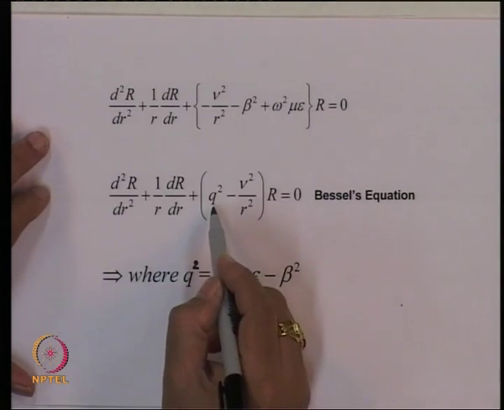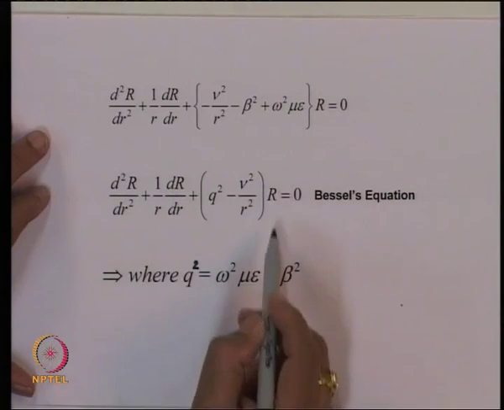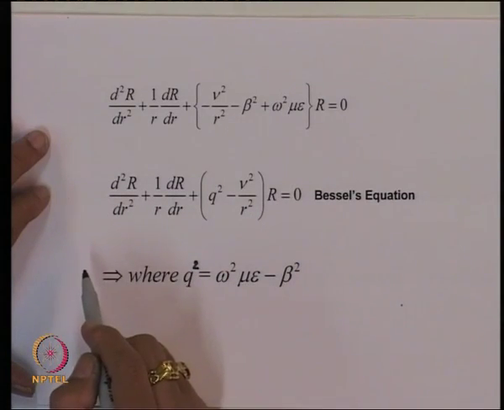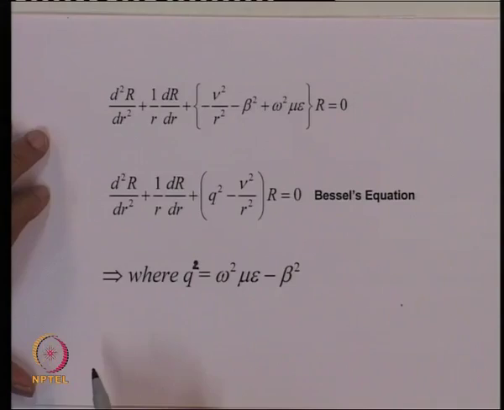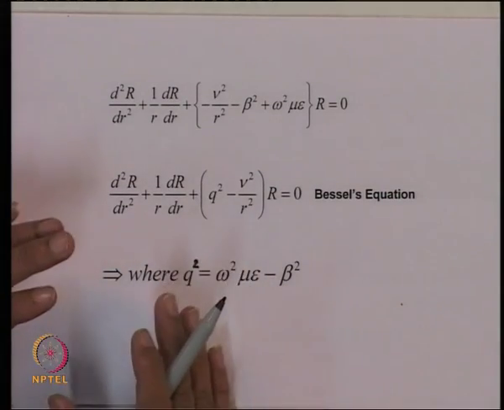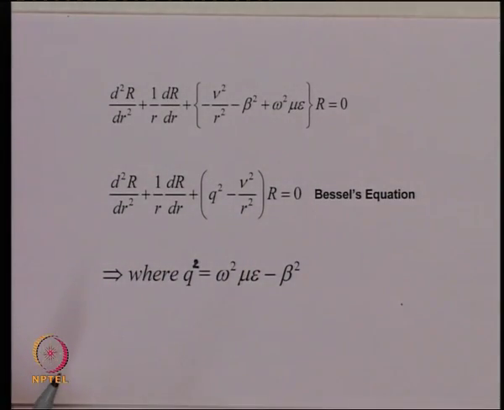I can substitute for q inside this, and then I get this equation which can be solved, which is the Bessel's equation, and the solutions to this equation are what are called the Bessel functions. So, what we find now is that the radial variation of the electric and magnetic field distribution is given by the Bessel functions.